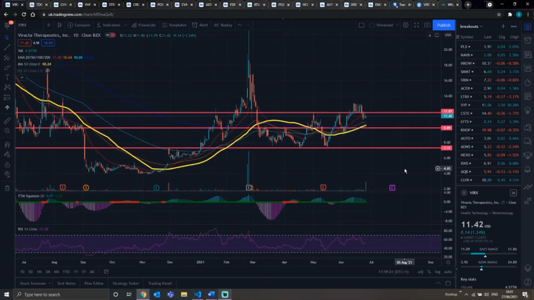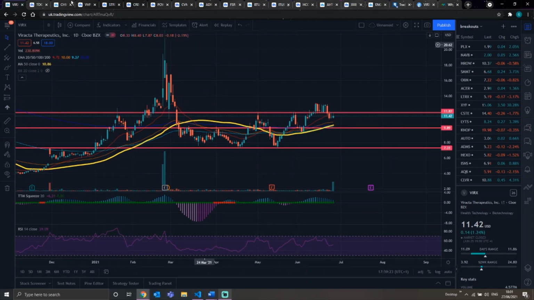But what we'll look at right now is this upward channel. What we can see here is that it was following this channel really well until it got to the top of this top channel. It couldn't work out what it wanted to do up here, even though we actually had it on our watch list.